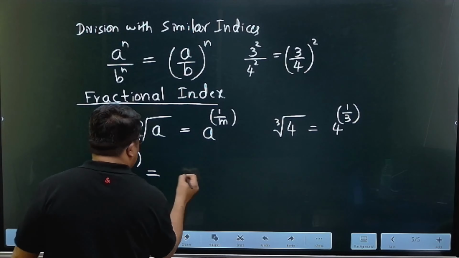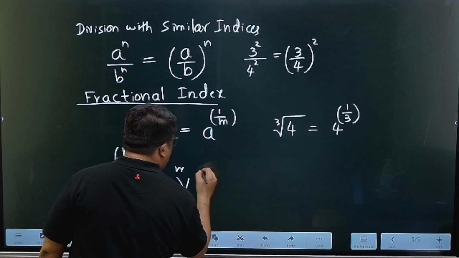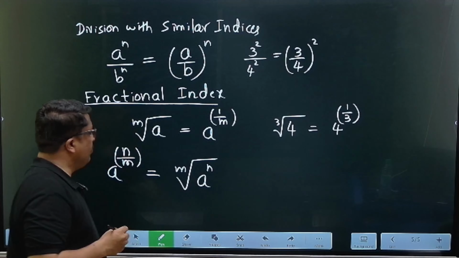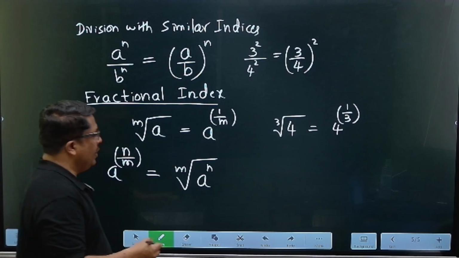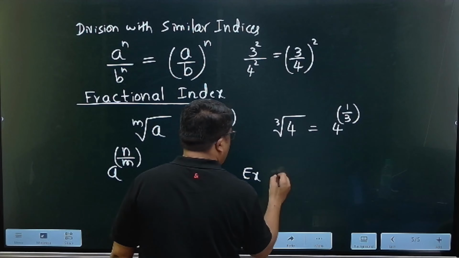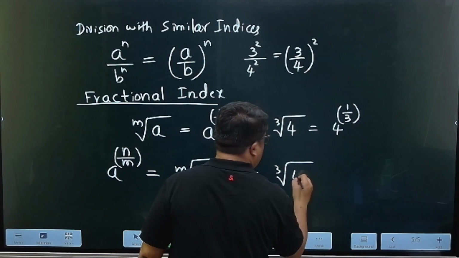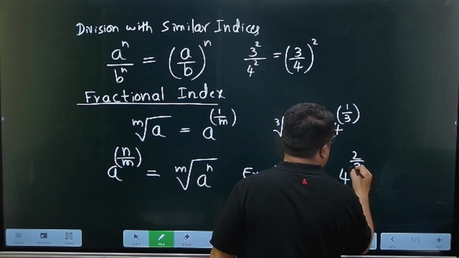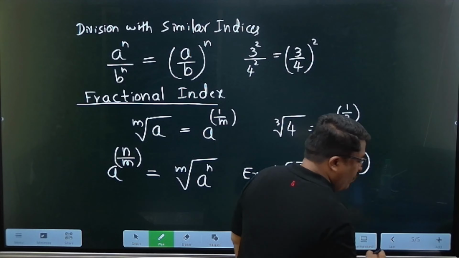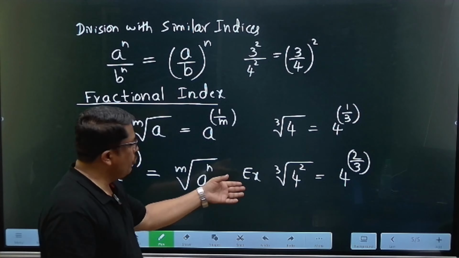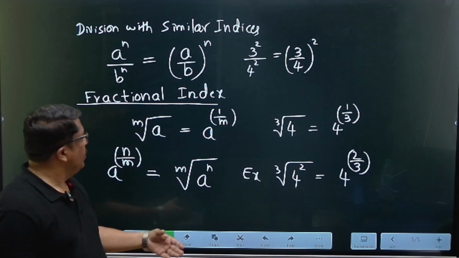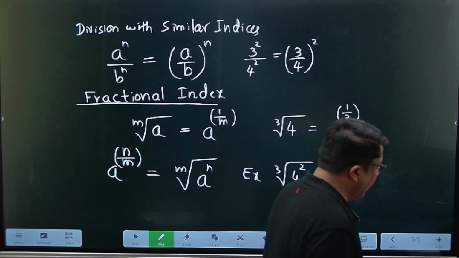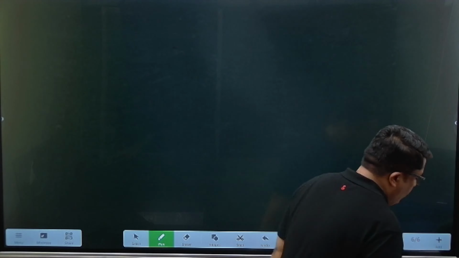Now this can be written as the mth root of a raised to n. Example, 4 squared. This can be written as 4 to the power of 2 by 3, that is cube root of 4 squared. So this is a law where we are using a fractional index. So we will continue.